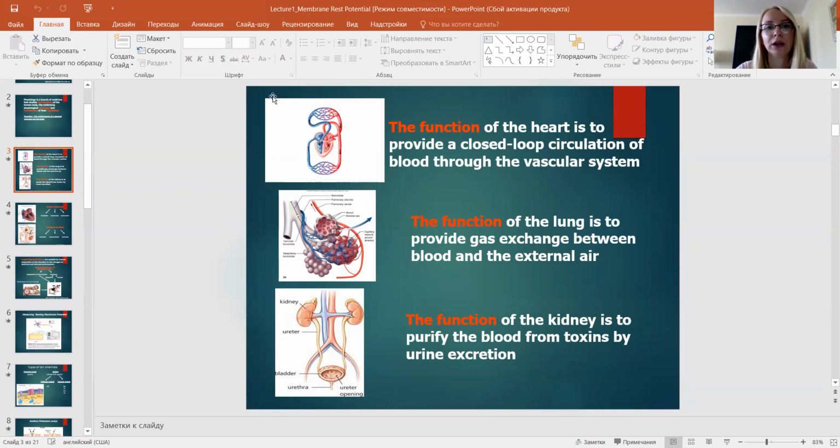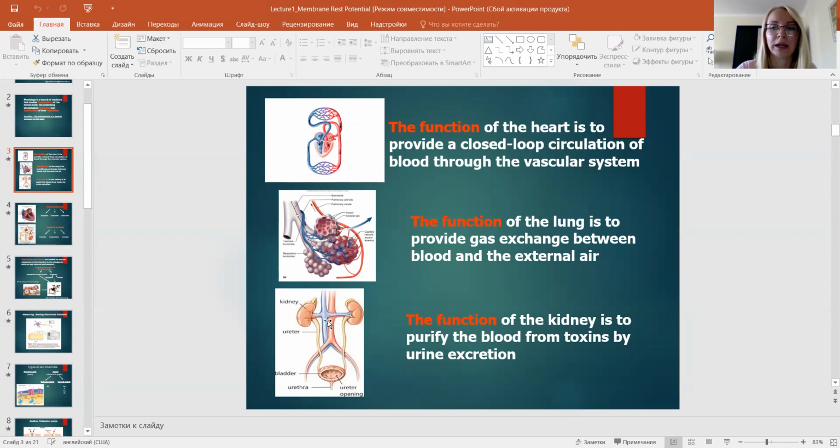For example, the function of the heart is to provide a closed loop circulation of blood through the vascular system. Function of the lung is to provide gas exchange between blood and the external air. And the function of the kidney is to purify the blood from toxins by urine excretion.